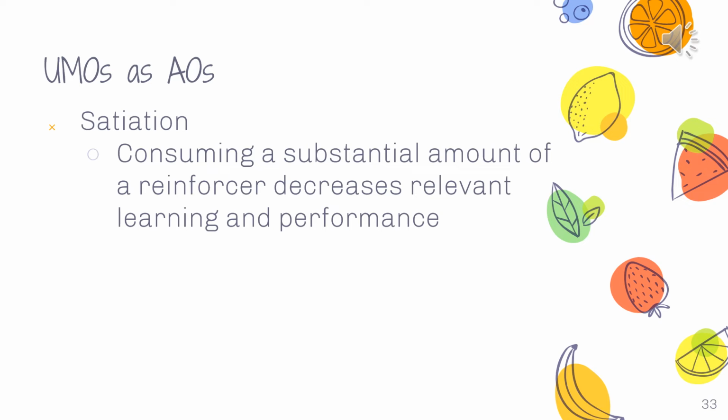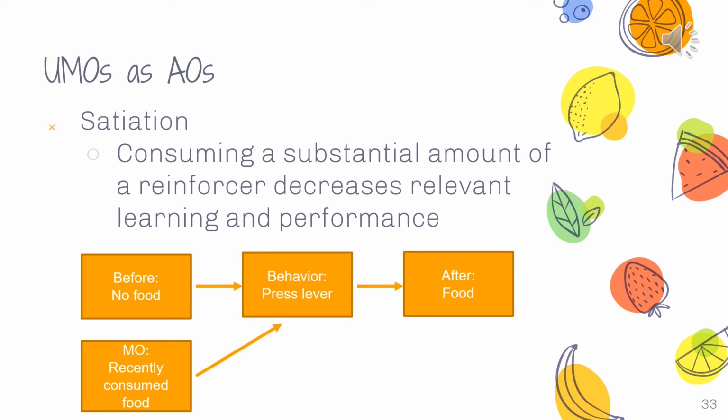This is also defined by Malott and Shane as consuming a substantial amount of a reinforcer decreases relevant learning and performance. The MO of having recently eaten, or being satiated on food, will decrease the effectiveness of food as a reinforcer, and it will also decrease any response, such as lever pressing, that is consequated with food.